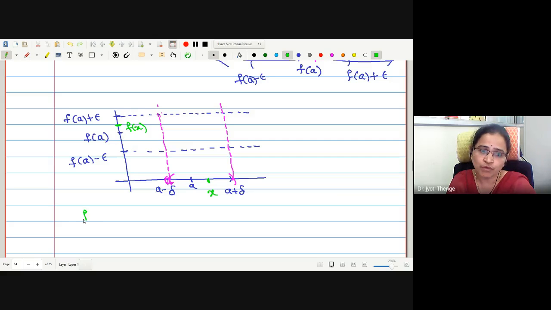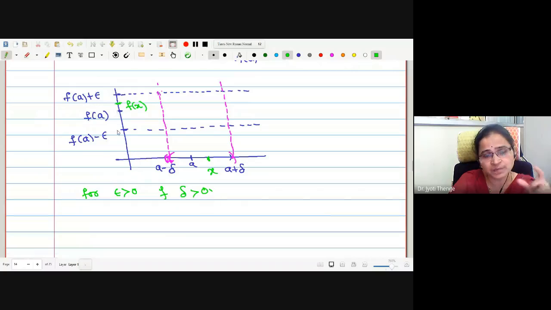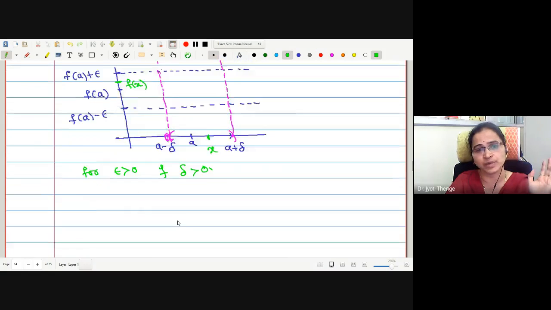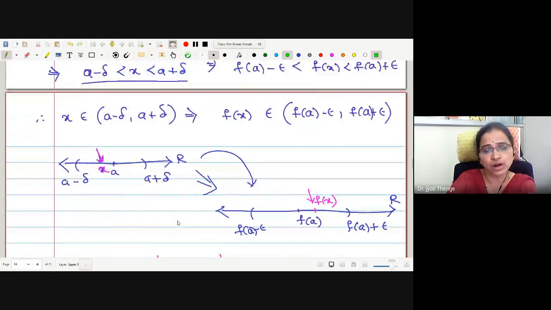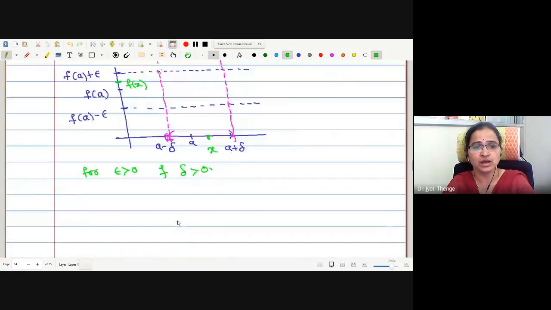See what I am saying? For every epsilon greater than 0, there exists delta greater than 0, however we make epsilon smaller or larger, this delta value is going to exist. Then and only then can one say that the function is continuous. This is called the geometric aspect behind the function.